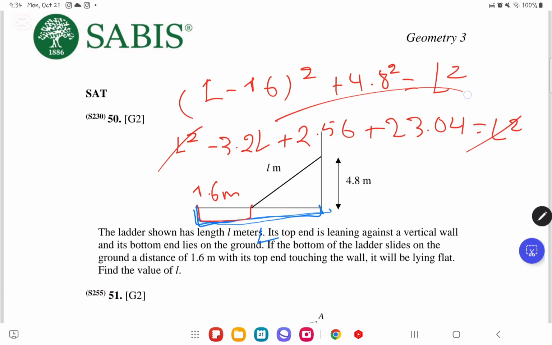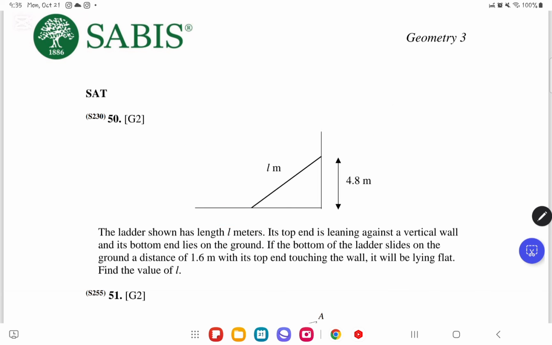Cross this out, move this to the other side. So now 2.56 plus 23.04 becomes 25.6, which is equal to 3.2L. Then divide both sides by 3.2 and we will get that L is equal to 8.